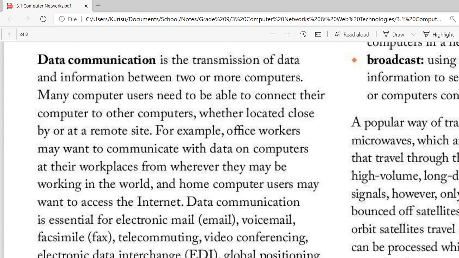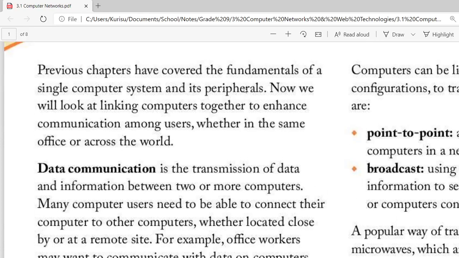Very good. So, the first paragraph is basically giving you the preview that I would have just given you. We have data today, but in order for us to share that data with other persons, we need a way to link all of the computers together. And we do so through the network.